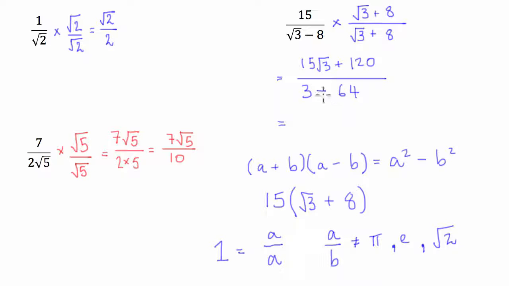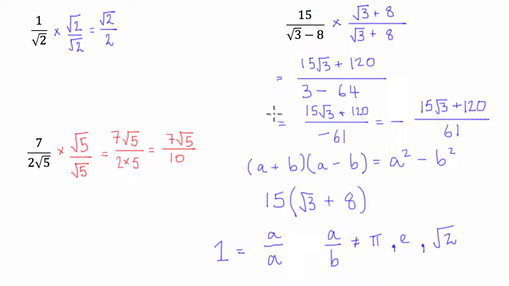In the base, we have negative 61. And in the numerator, we have the same 15 square root 3 plus 120, and the negative sign from the denominator can come out the front of the fraction, and that's going to be 15 square root 3 plus 120.